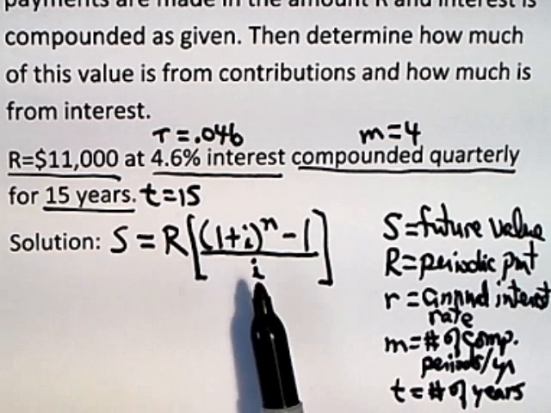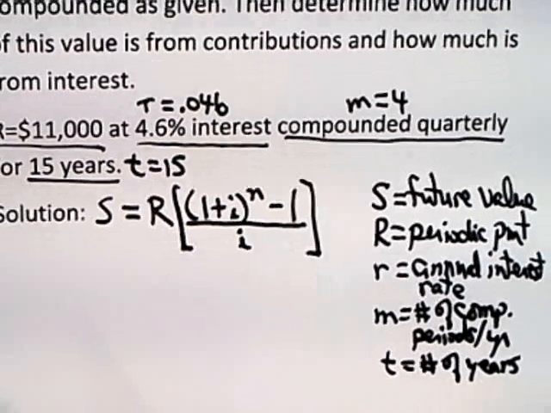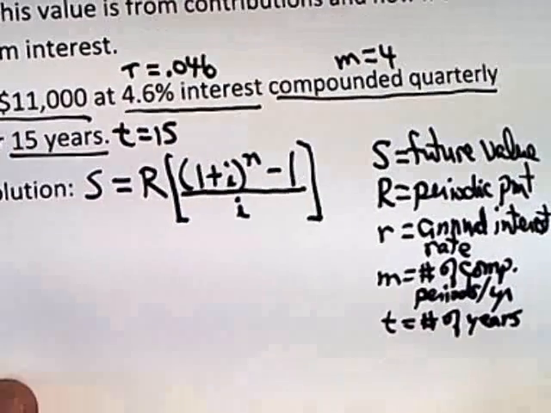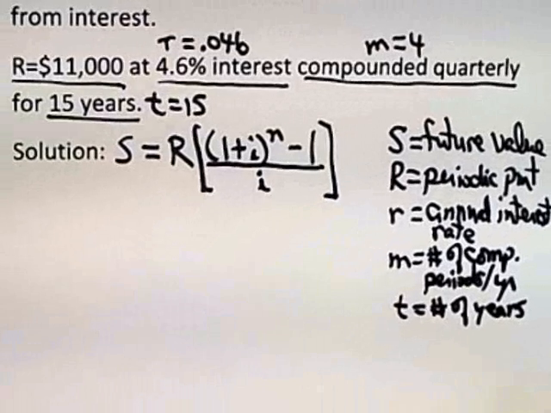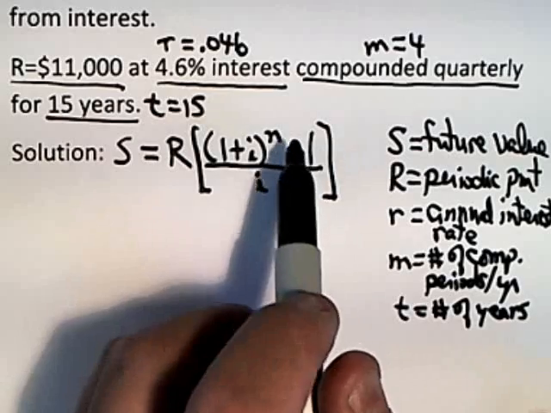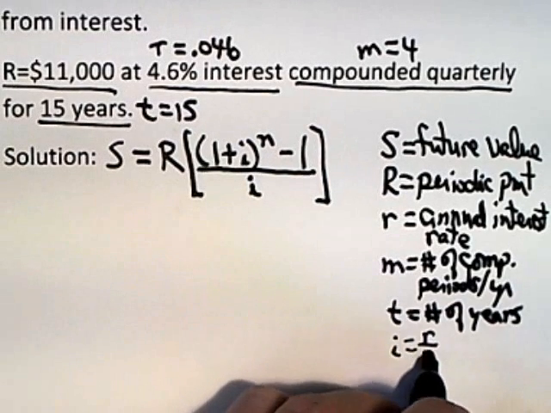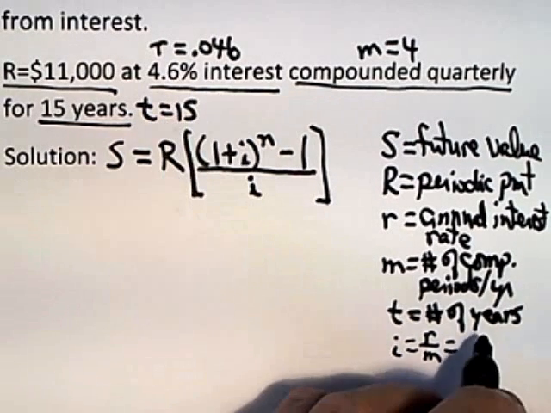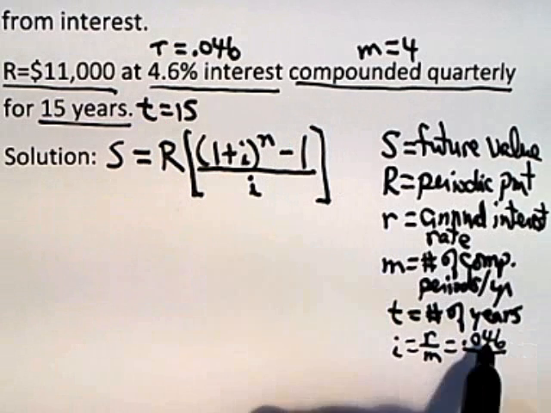Now, we're also going to have to calculate little i and little n, and of course, we know that by now. Little i is r over m, and we know that r is 0.046, so we get 0.046 divided by m, which in this case is 4.